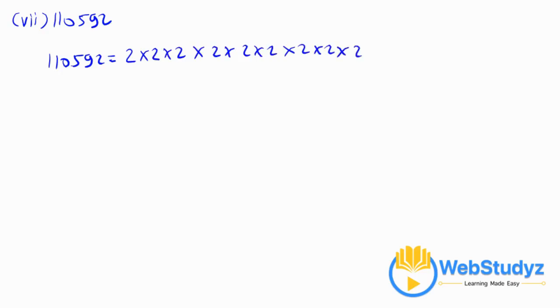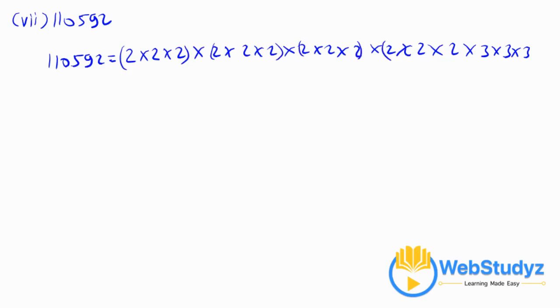Now move on to the seventh number, which is 110592. The factors of this are 12 times 2 and 3 times 3. So this can be grouped like this.